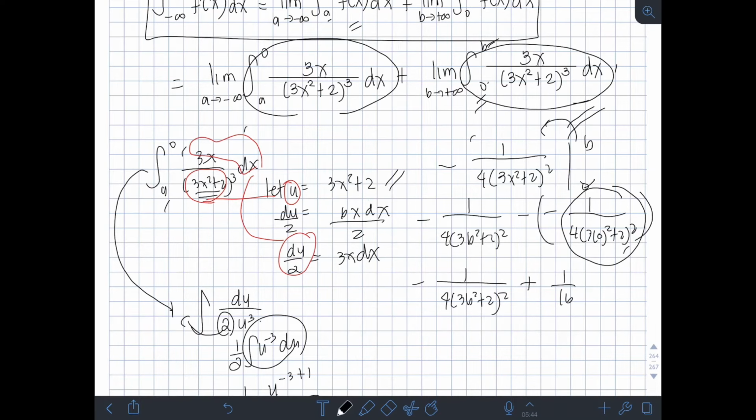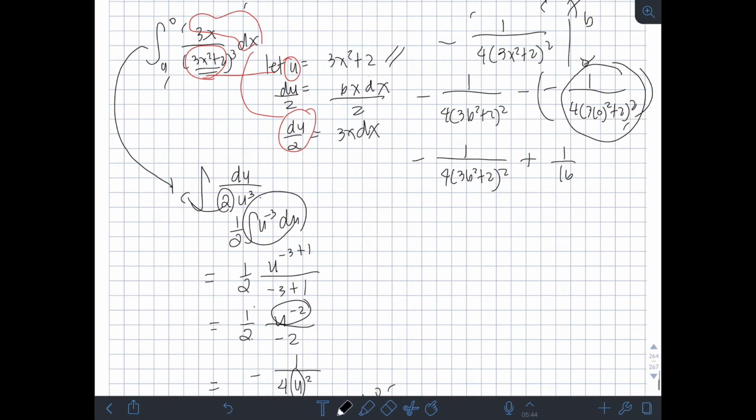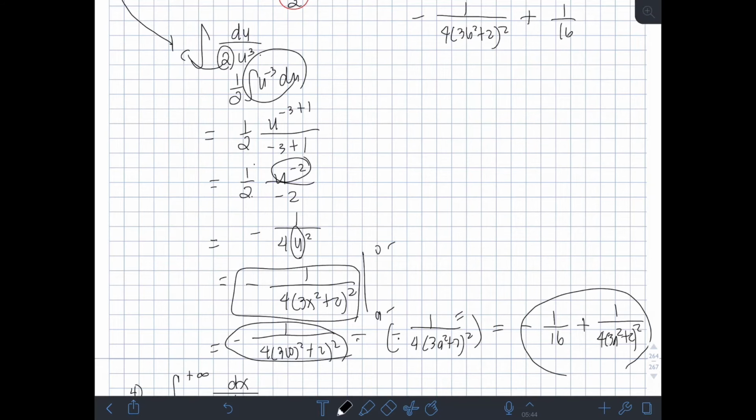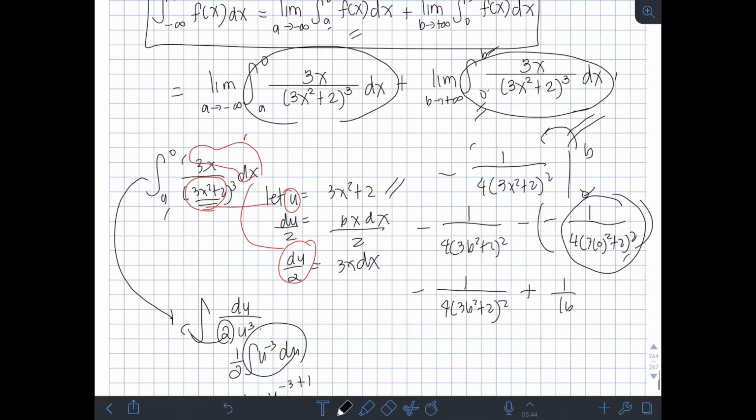So, therefore, we take the limit of the first expression as a approaches negative infinity, and the limit of the second expression as b approaches positive infinity. Okay?